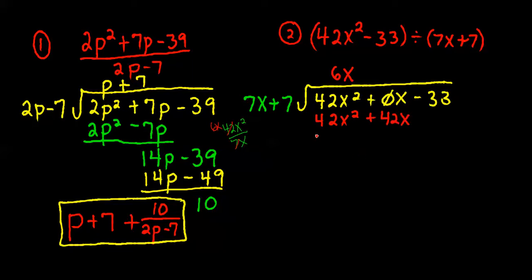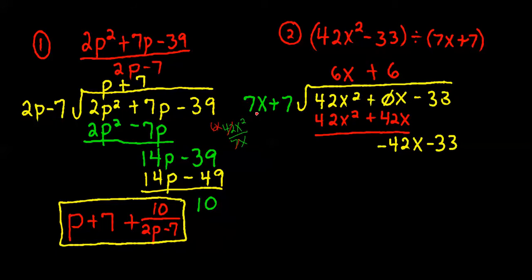All right, draw a line, and then I'm going to subtract. 42x squared minus 42x squared is 0. 0x minus 42x is negative 42x. I'm going to bring down my minus 33. And then I'm going to just worry about this. How many 7x's go into negative 42x? Well, that's 6.